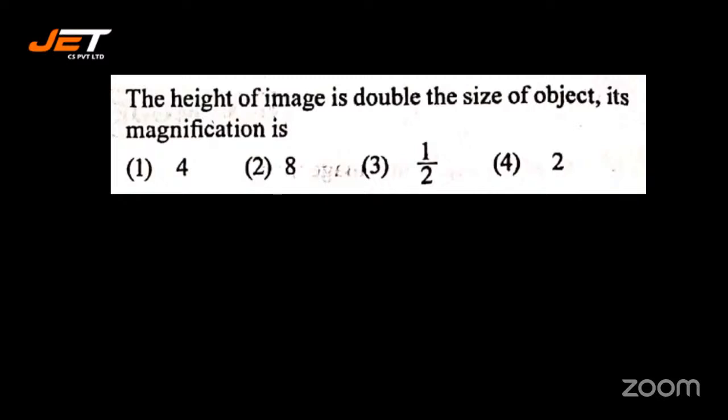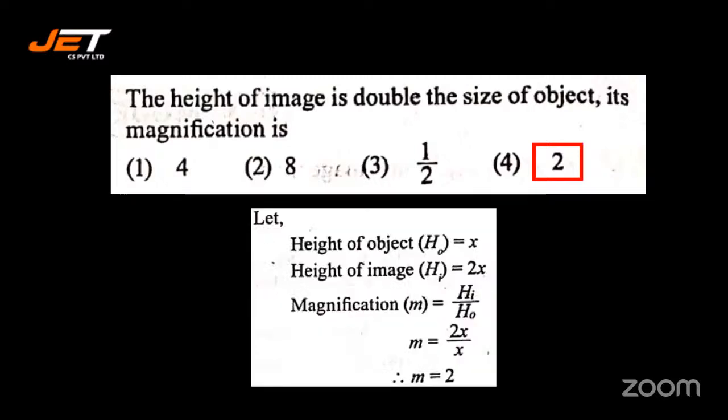So it's 2. How is it 2? If the height of the object HO is x, the height of the image HI is 2x, then magnification is HI by HO, which is 2x by x. x gets cancelled out, which is 2. Yes, Nitin, Aditya, Pavan, Sri Vanilla, Gauss, Nidhi, all of you are right.